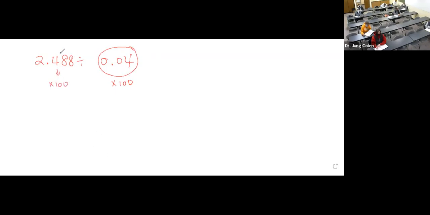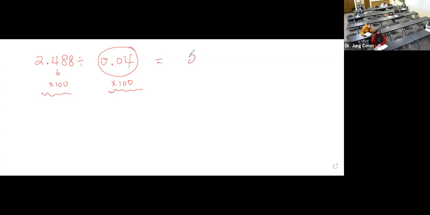You don't have to change this to the whole number. You can just aim to change the divisor to the whole number. But when you are doing that, you need to apply the same rule. If you multiply that by 100, you need to multiply the dividend by 100 as well. Make sense?